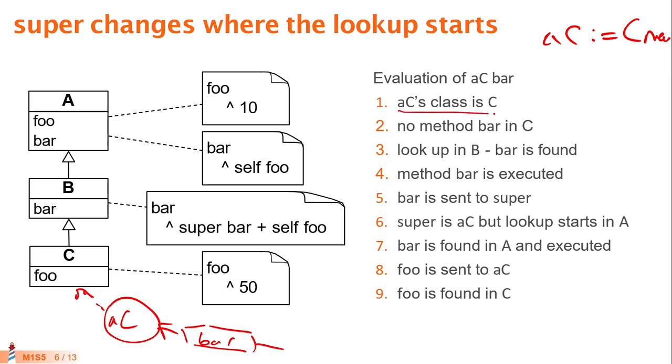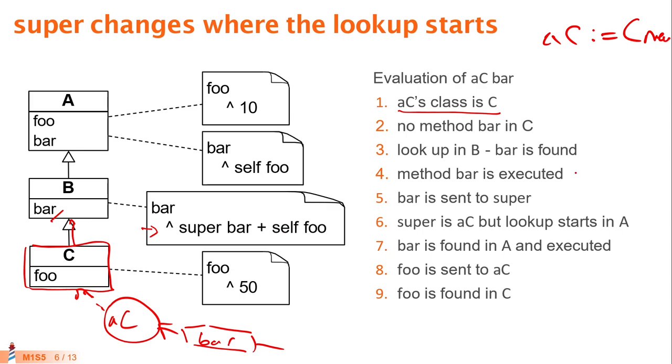The class of a C instance is the class C. So we start the lookup there, looking for the method bar. C doesn't define a method bar, so we follow the inheritance link and look for the method bar in the superclass. Here we find the method bar in B, and it is defined as in here. It says to return the result of super bar plus self foo.